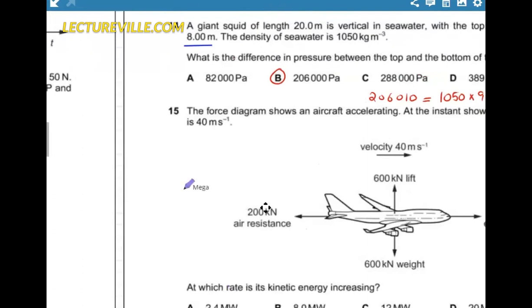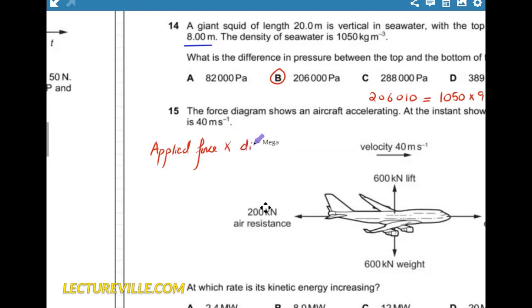If we multiply applied force and distance, that is total work done.